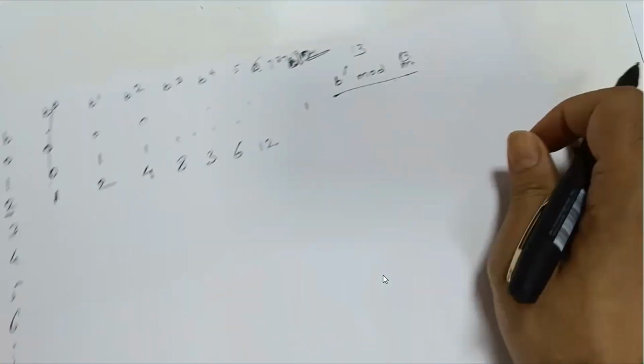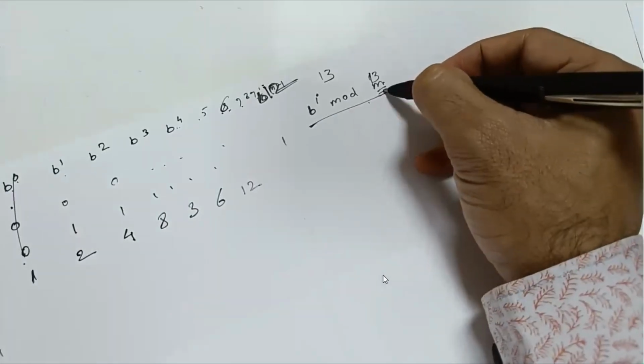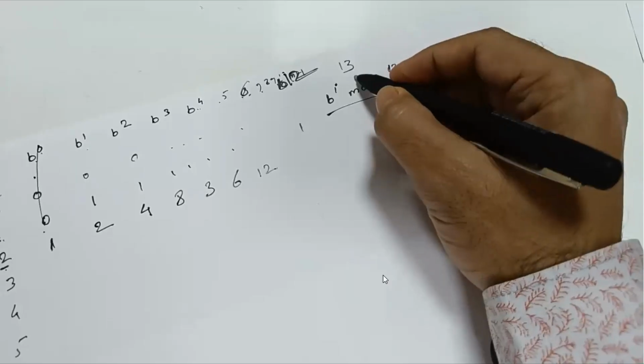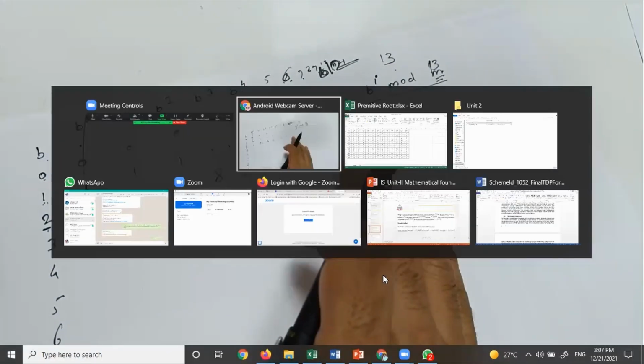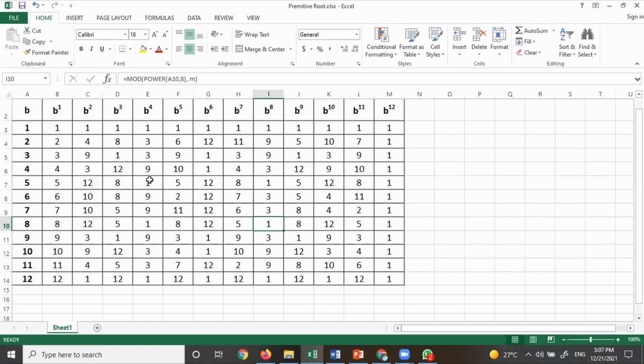Then we have the value of B to the power i modulo m, and we have prepared this table. If you observe this table, for any row, let's say for 1, the values are getting repeated.